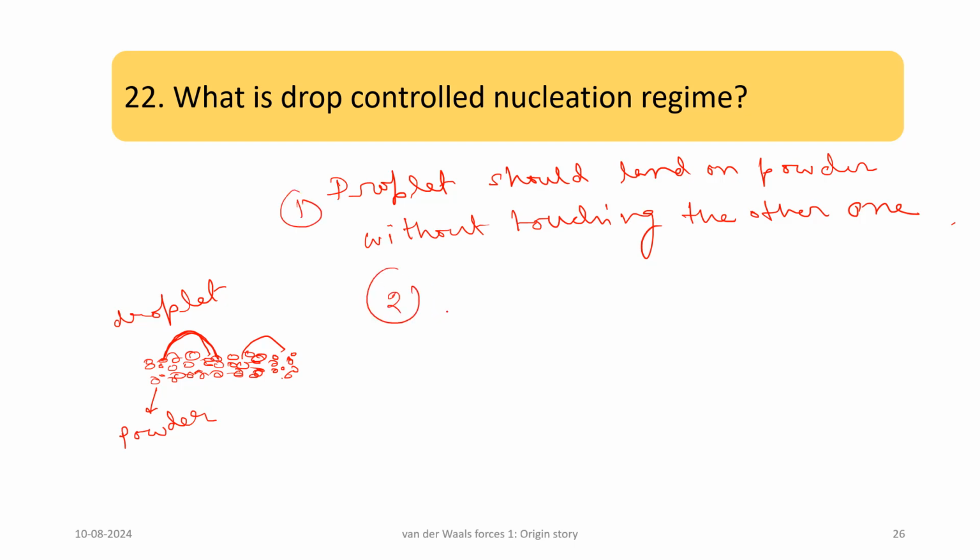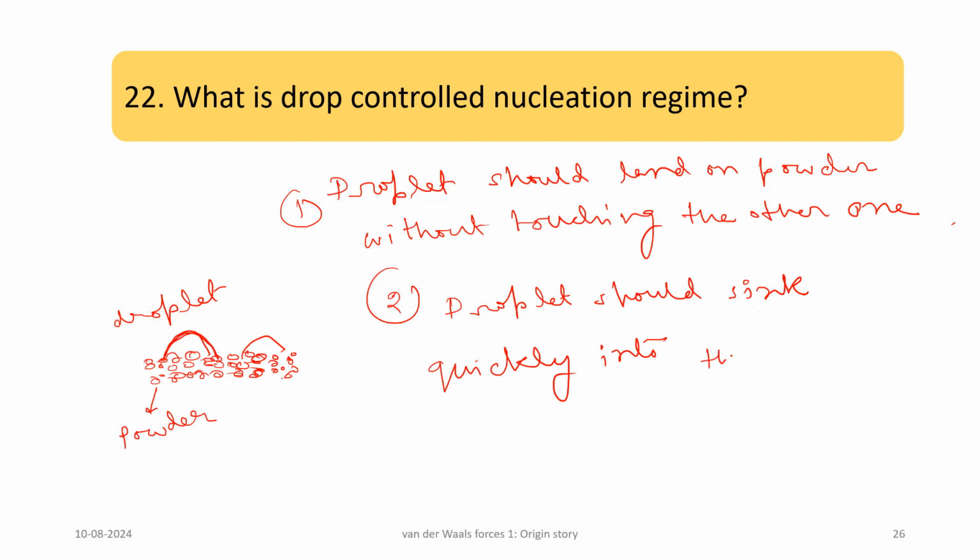The second one is the droplet should sink quickly into the powder. So when these two conditions are met, we can say that this is the droplet controlled nucleation regime.